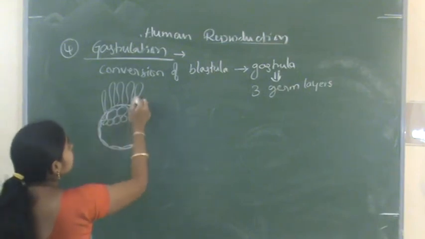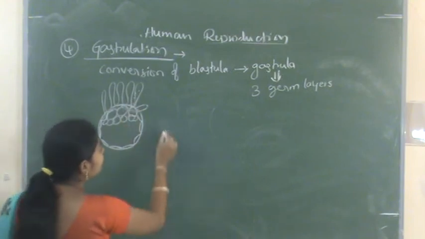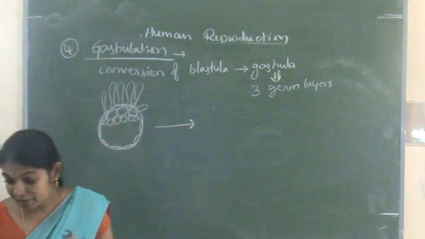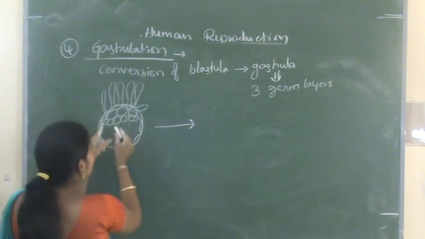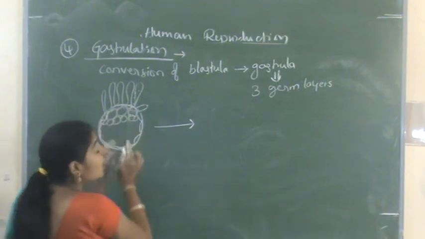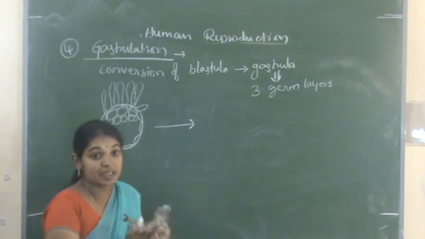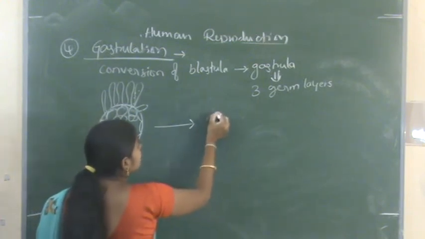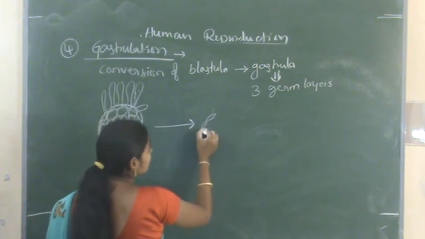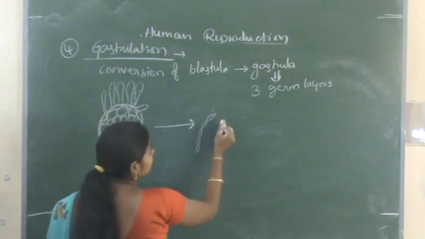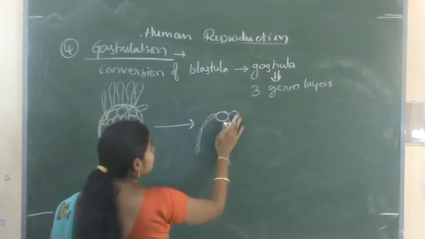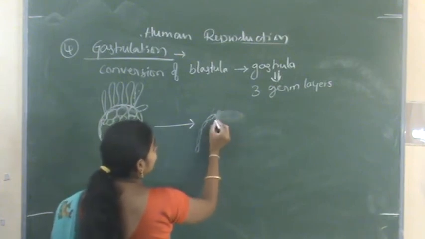Embryo proper is present. And from this embryo proper, first what happens is that the cells of Rauber get dissolved. The remaining trophoblast is present as usual, but only here the cells of Rauber get dissolved.